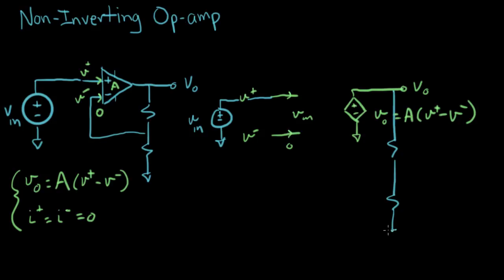And the bottom is connected to ground. And this was connected there. So our goal right now is to find V out as a function of V in. That's what we're shooting for. So let's see if we can do that.